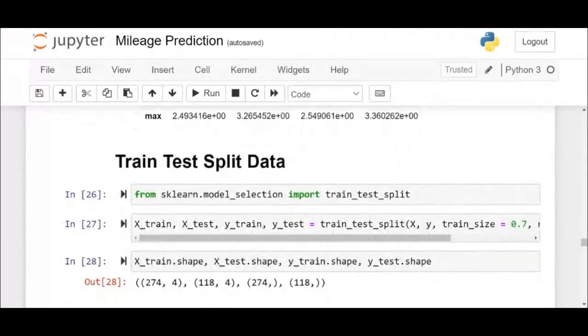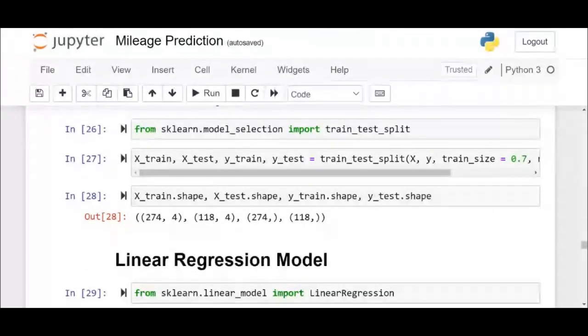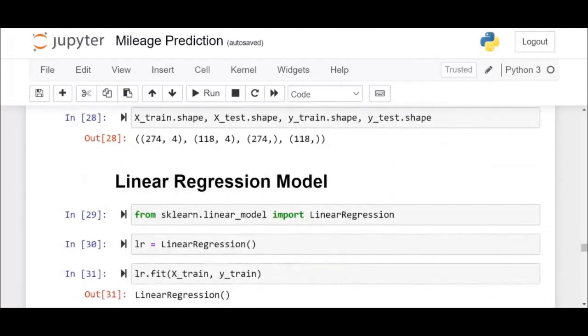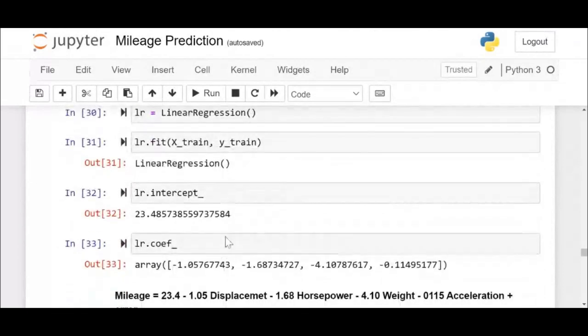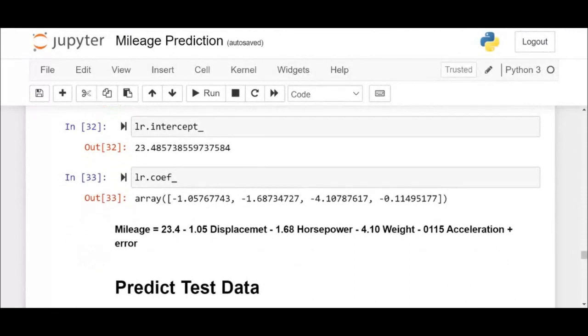Then we have done the train test split of our data into four subsamples of train and test for each x and y. These are the shapes: 274 observations in our train sample and 118 in our test sample. Then we have used linear regression to train our model. After that, we found the intercept and the coefficients, meaning slopes, and made an equation.